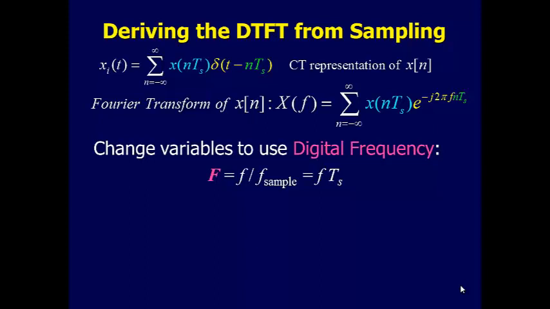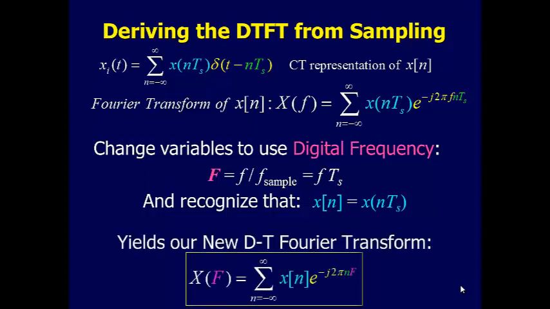So everywhere I have f t sub s in my summation here, I can replace it with capital F. And I can also recognize that x of n t sub s, the continuous function at n t sub s, is exactly the same as the sample values I'm going to pull out from my x sub n sequence.